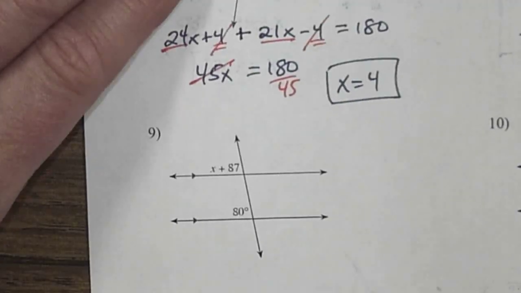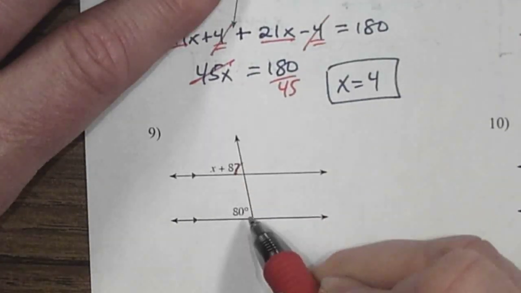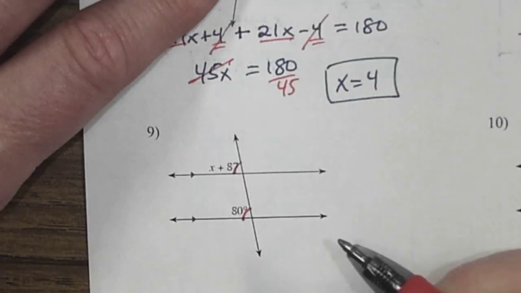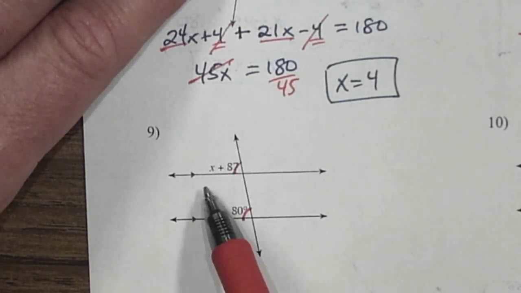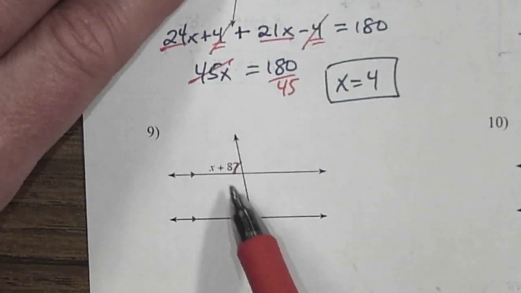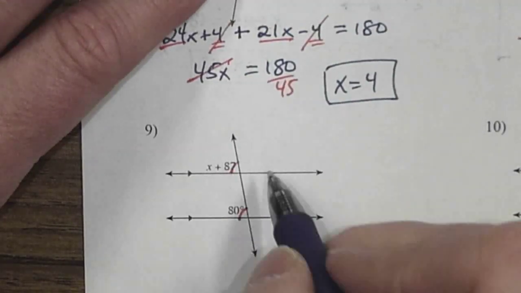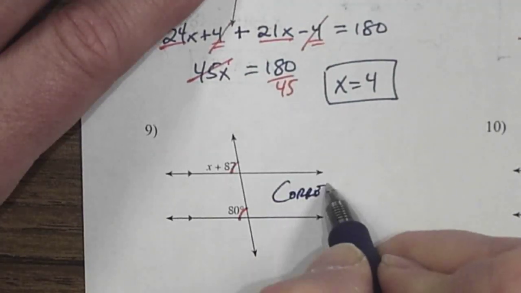What kind are these? Okay, this one here is exterior and this one is interior. Exterior, interior. Notice they're both in the upper right. They're both on the same side, in the same corners. They are corresponding angles.